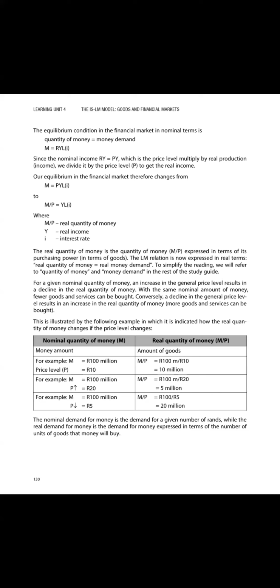So if there are circumstances that are causing you to shy away from the bond market and take your money into your wardrobe, into your furniture, then we are saying your demand for money is high under those circumstances. If you are rather taking your money from your mattress and investing in the bond market, that is going to be reflected as a reduction in your demand for money.